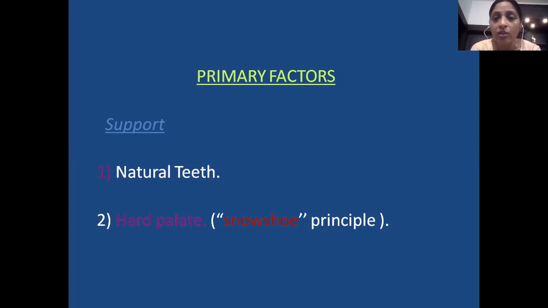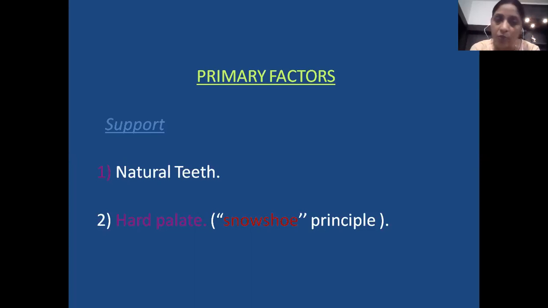But if the edentulous span is long, and more teeth are missing, then we need more support and more rigidity. According to this, we can choose which major connector is suitable for which situation. If less support and less rigidity are needed, then we can use the major connector which provides less support and less rigidity. If we need more, then we have to choose accordingly.